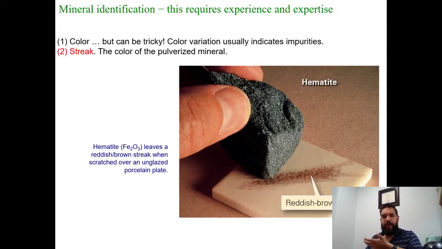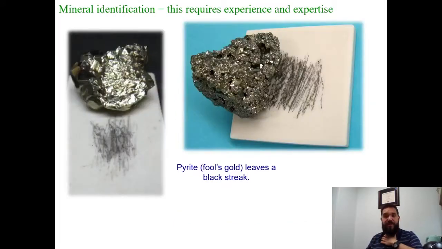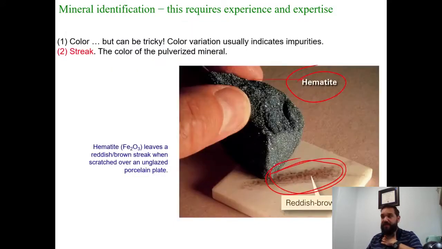Something that's a little bit more helpful is the streak. The streak of a mineral is the color of the pulverized mineral, so the powder. And the way that you test it is by rubbing it on a piece of porcelain. Okay, so you can see that this black hematite actually has a reddish brown streak. That's really helpful because some hematite is red, some hematite is black, but it always has the same color streak.